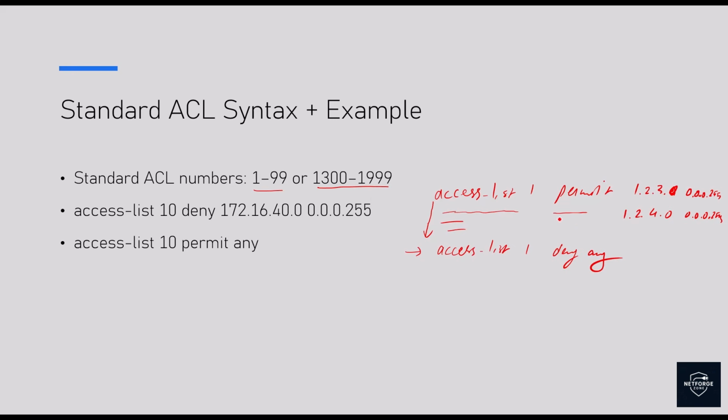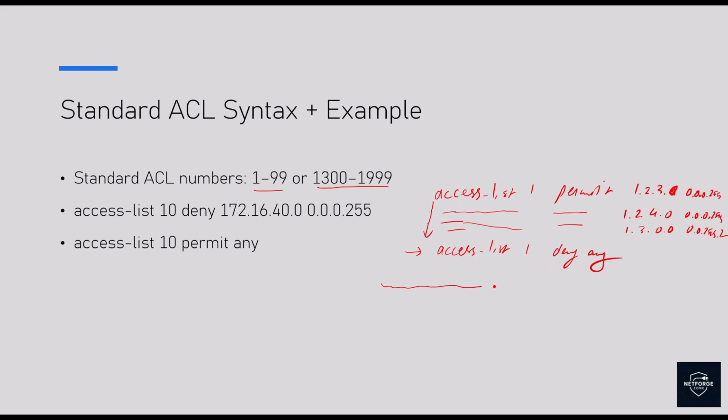Maybe I want to deny some specific thing, but if I go down, the next one is going to be access list 1 permit, I don't know, 1.3.0.0 with wildcard 0.255.255. You can see that this is a little bit more general than the other one. And then in the end, I have this access list 1 deny any.